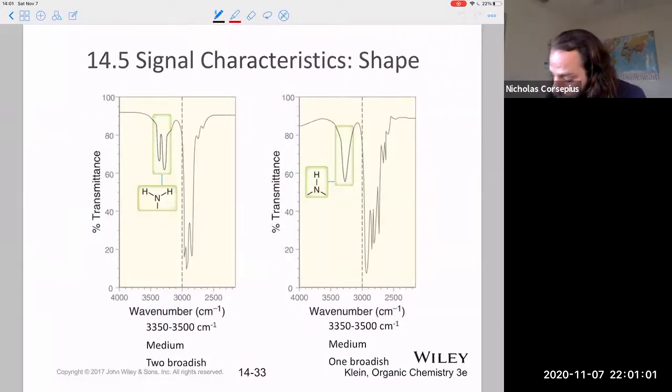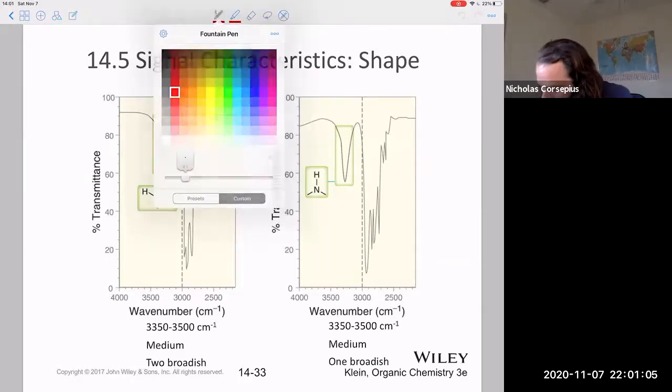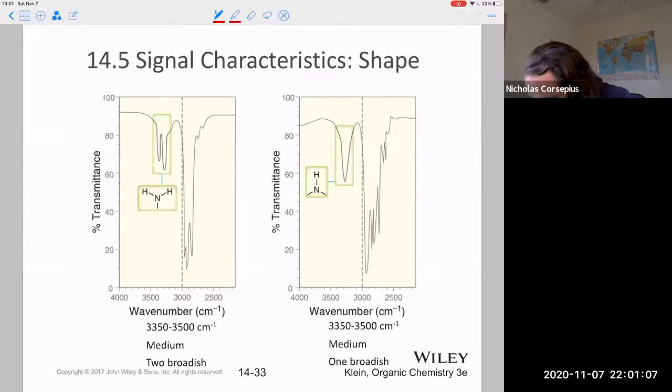Secondary amines. So the characteristic is, first of all, so again, notice we're going to lay down our 3000 block. These peaks also sit just north of that 3000 marker between 3350 and 3500.